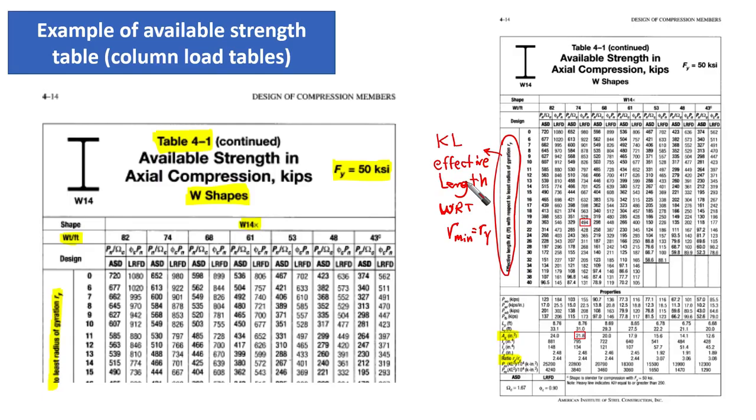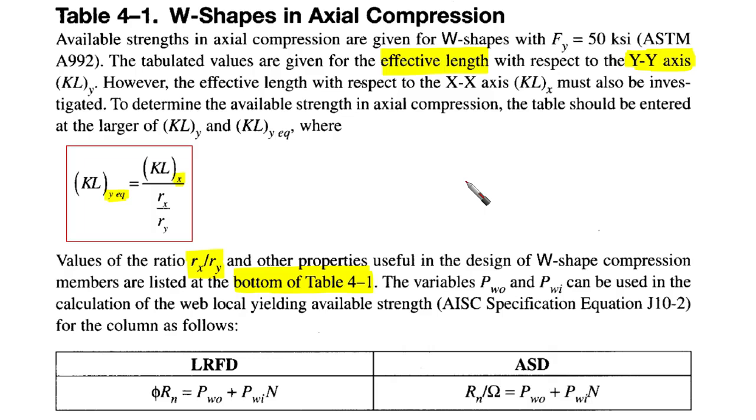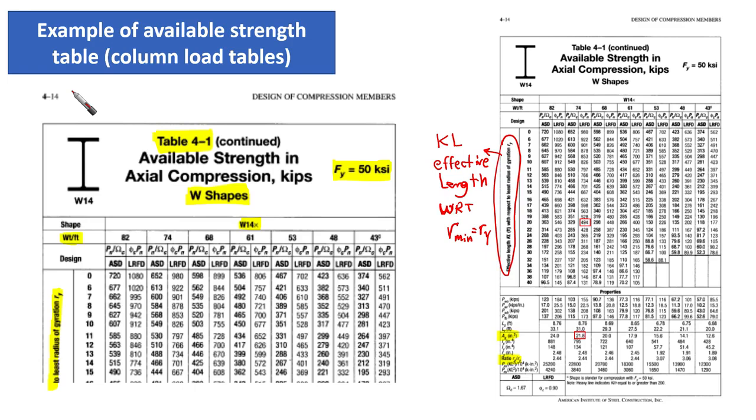Now let's go to the next point, which is some hints about this table, table 4-1, especially when we are talking about the effective length, because it is a little bit confusing for some people.